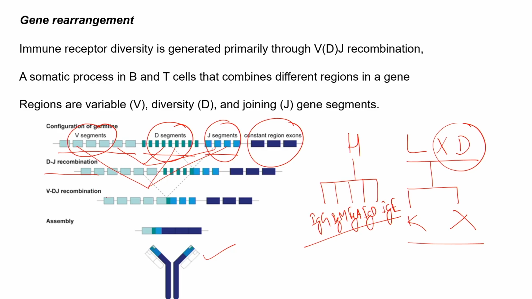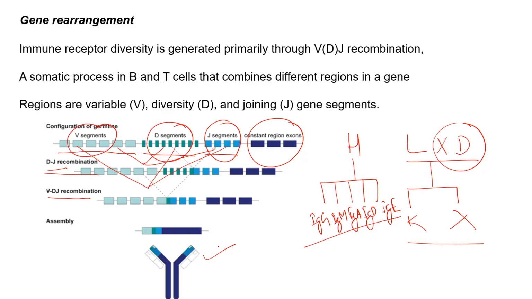Therefore, we see that this DJ recombination and finally VDJ recombination gives a unique pattern to the immunoglobulins. The variation happens because the process is completely random, and because of the randomization, we see variation in the immunoglobulin. So let us see it in a more detailed way so that we can understand what we mean by gene rearrangement.